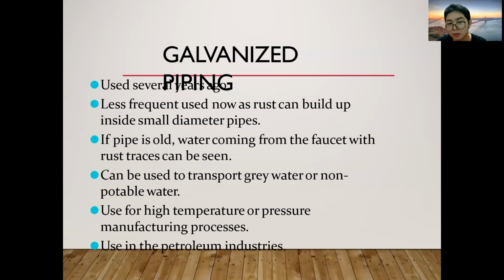Most galvanized piping is used in industries like petroleum because of its advantage in high temperatures, high pressures, and manufacturing processes. It will benefit the manufacturing company.